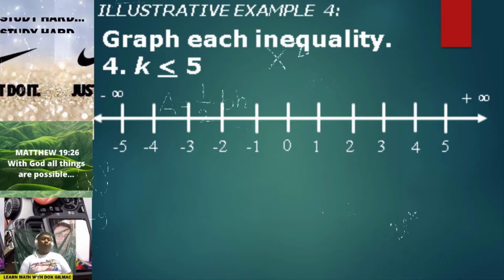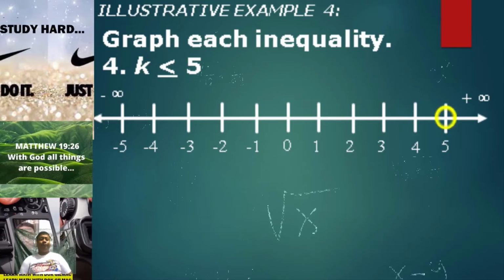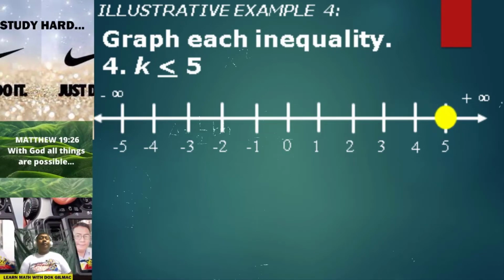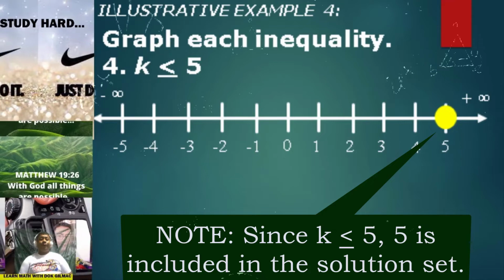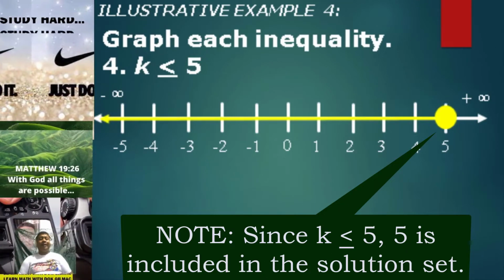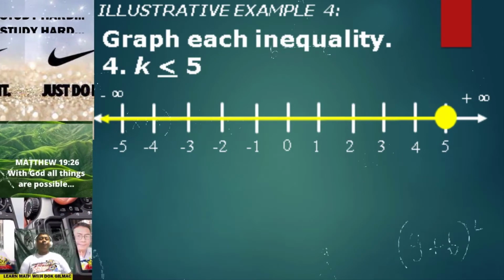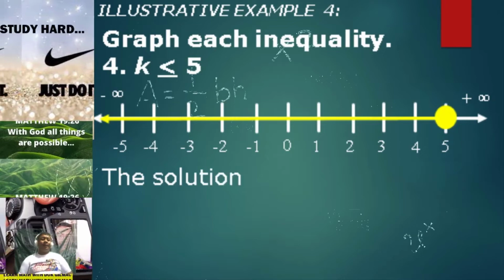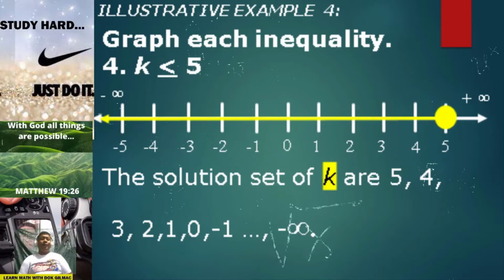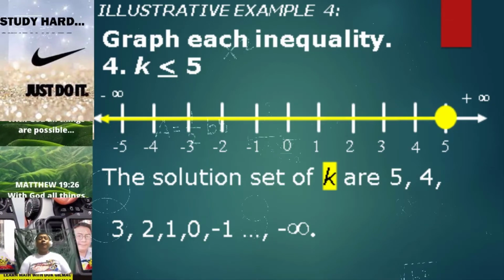We're going to draw a closed circle to 5 and a line to the left of 5. Since k is less than or equal to 5, hence the solution set of k are 5, 4, 3, 2, 1, 0, negative 1 up to negative infinity.